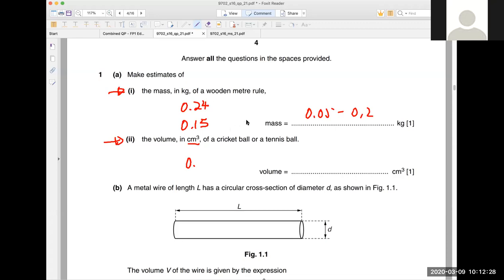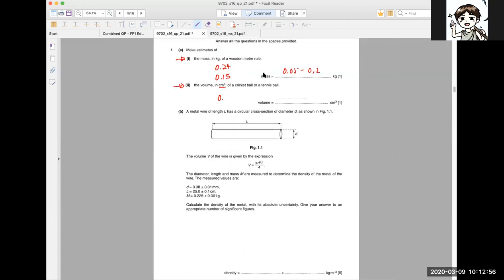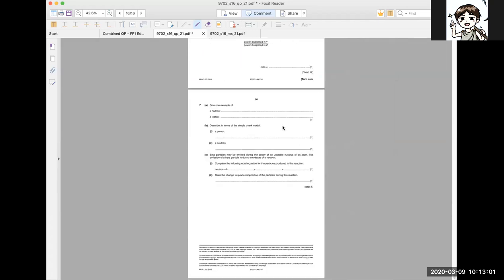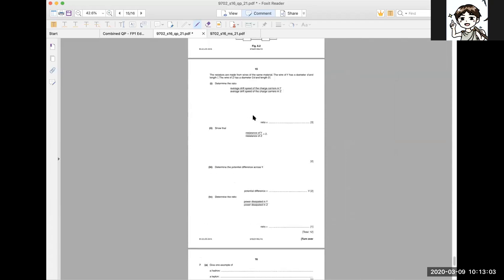So we have to copy the question for the first question? What do you mean? Yeah, I understand what you mean. Let's say you are writing on single line paper, most of the questions are fine.